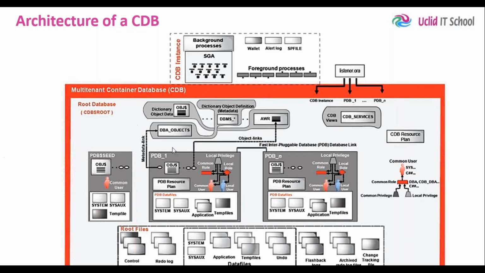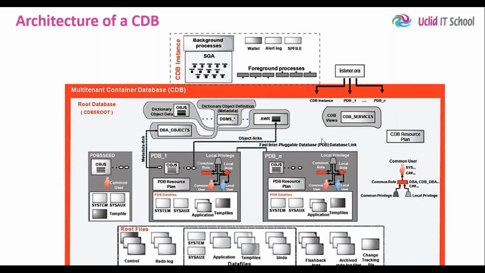And in a container database, Oracle introduced a new set of views that start with CDB underscore. In a non-container database, you have data dictionary views. Many of these views start with DBA underscore, some start with ALL underscore, some start with USER underscore, right? You have 3 sets of views that show 3 levels of information.